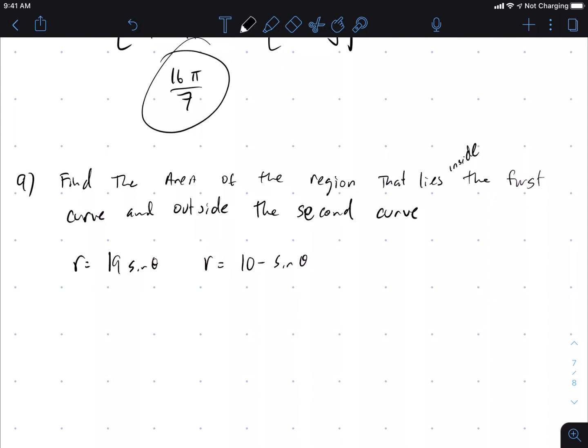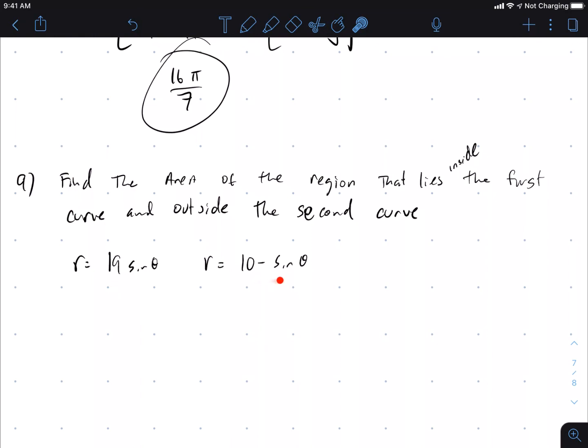So what's going to be outside? Which one of these 2 equations is outside? Want me to give you a hint? Okay. Check this out. If I put in pi over 2, what's this going to be? 19.